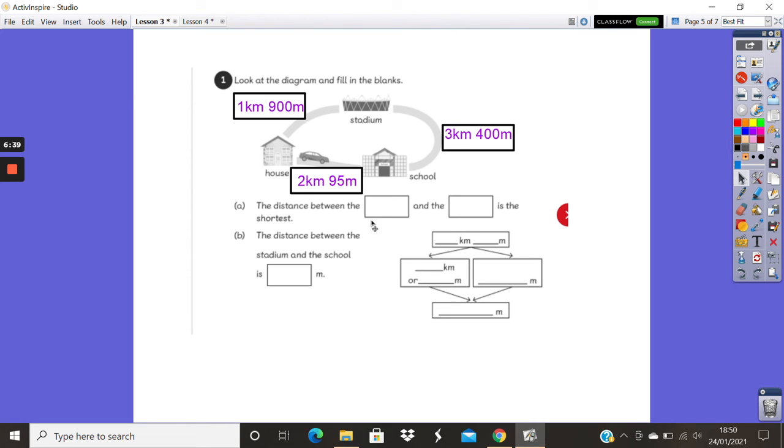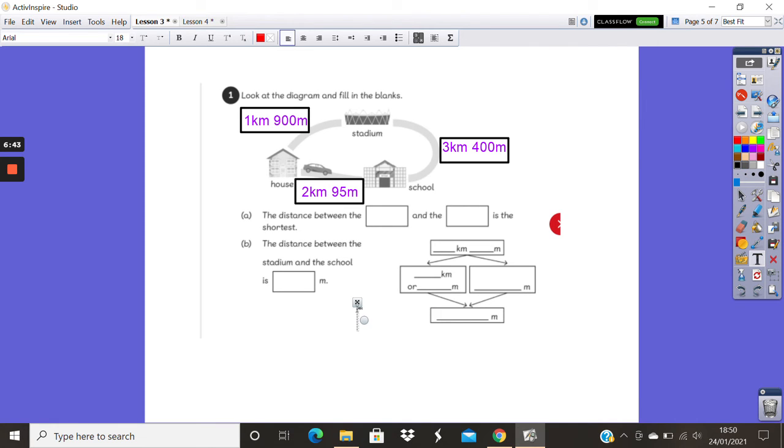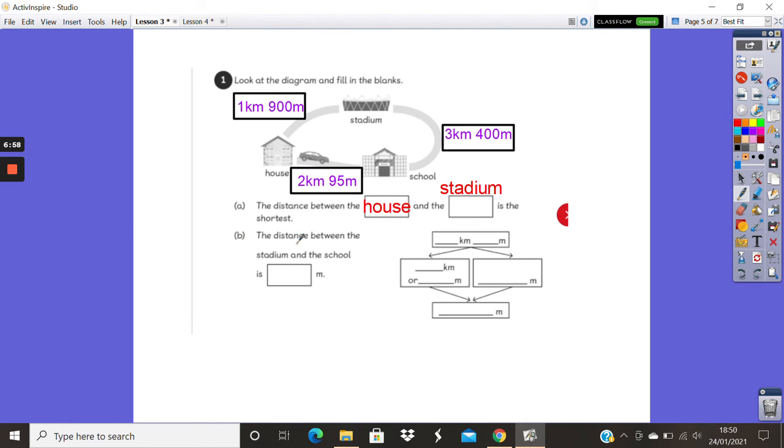So the distance between the house and the stadium is the shortest. So we'll write that here: House and the stadium is the shortest, okay?